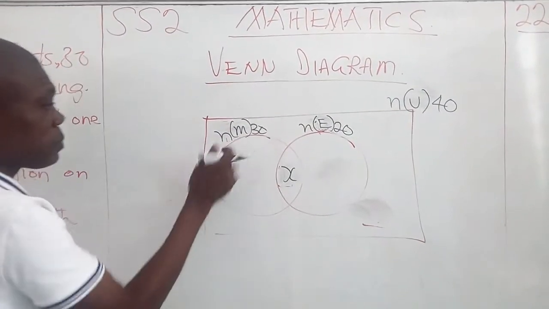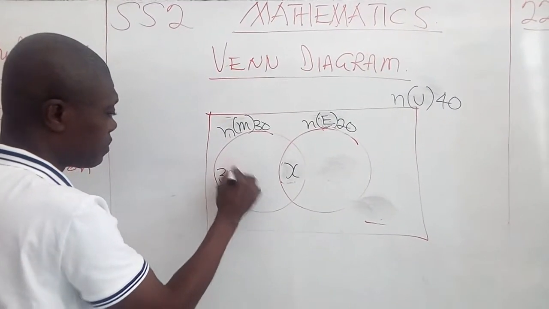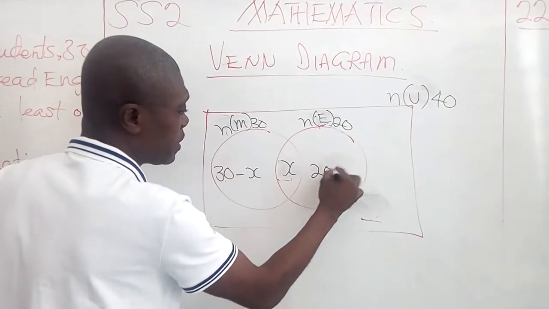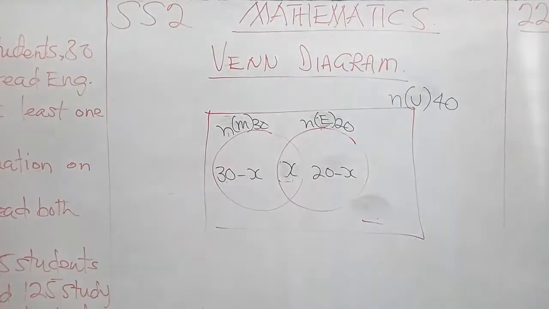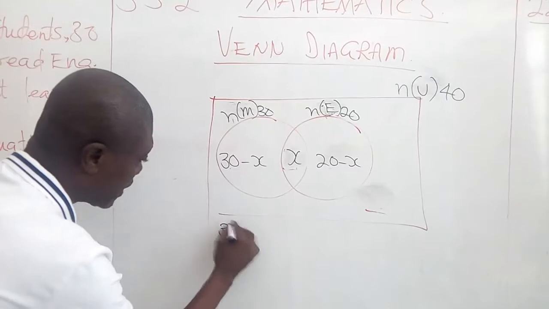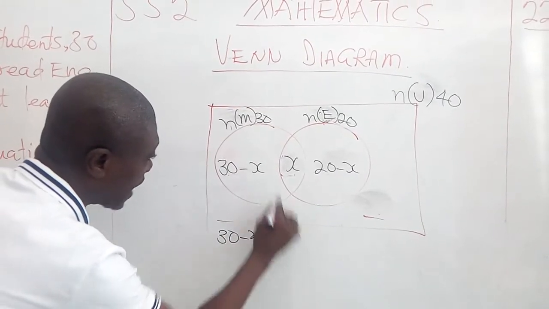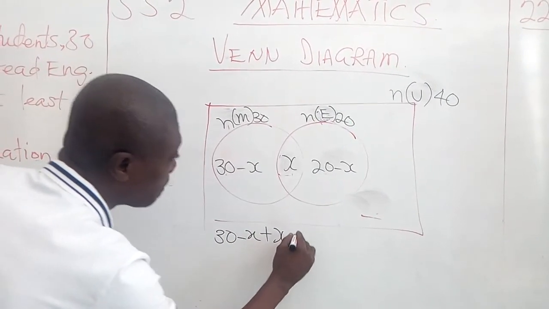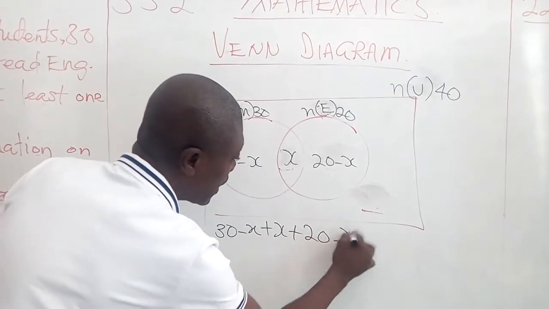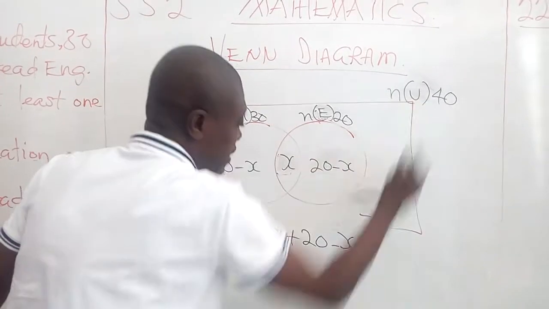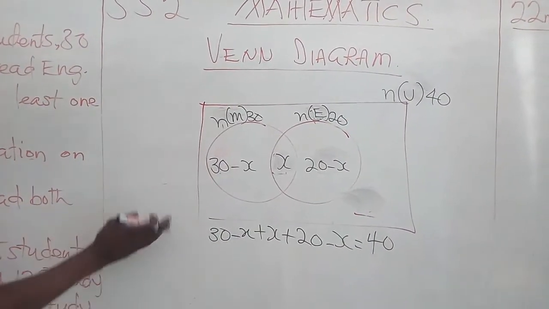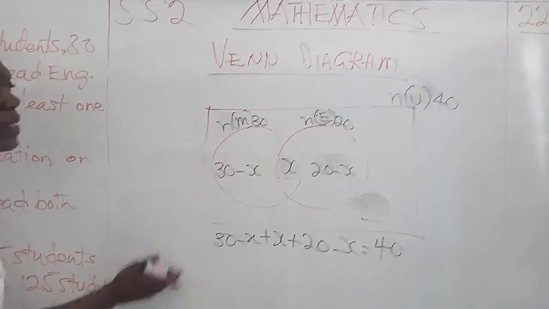So this place will be 30 minus x. And then this place will be 20 minus x. So we are generating the equation: 30 minus x plus 20 minus x equals the universal set, which is 40. So we have generated an equation for this Venn diagram.